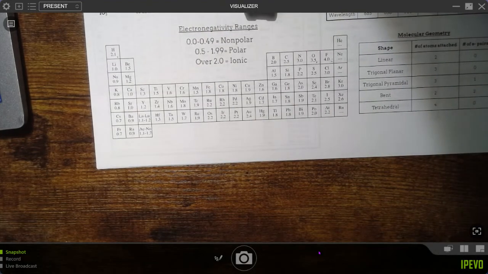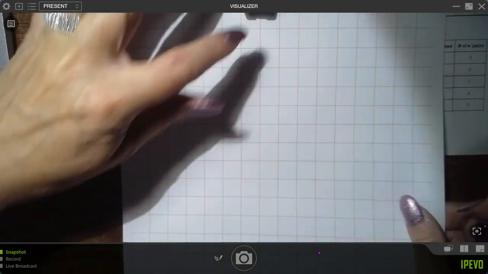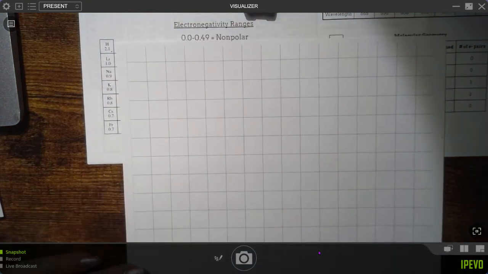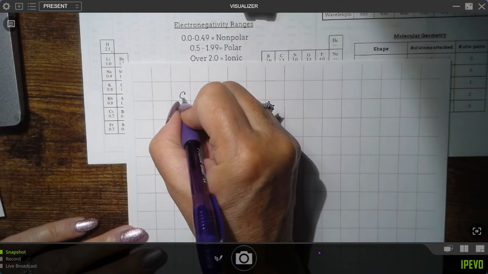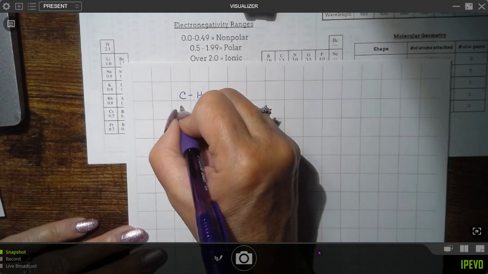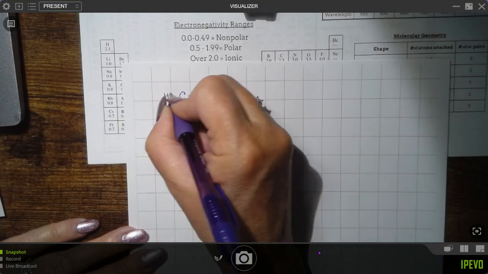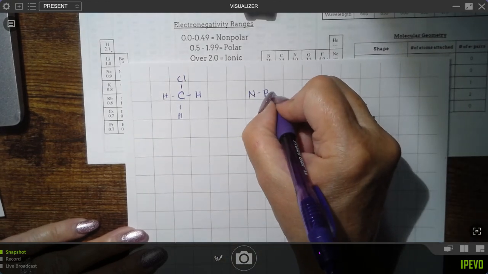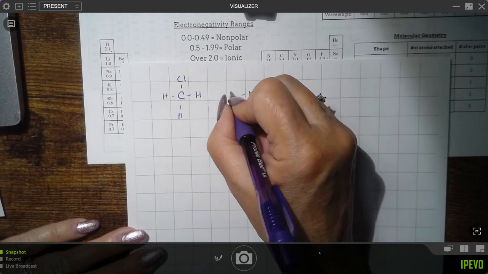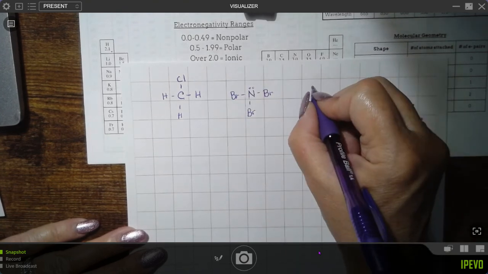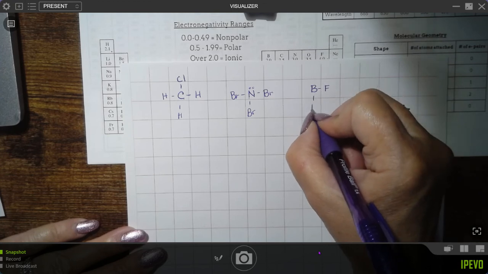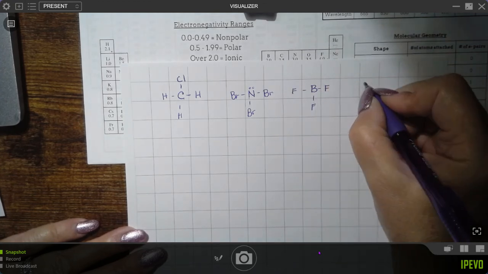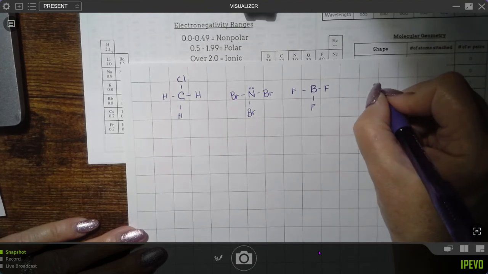So let's look at a couple of examples, and then we'll talk about why we care so much about these intermolecular forces. Let's say we have, I'm going to draw several molecules.